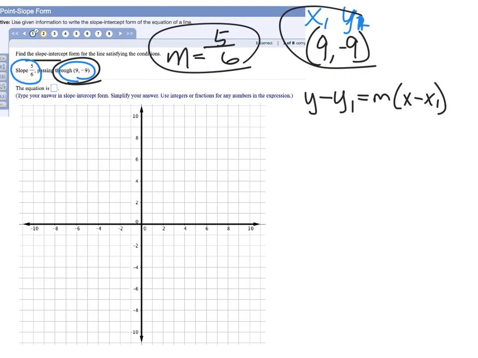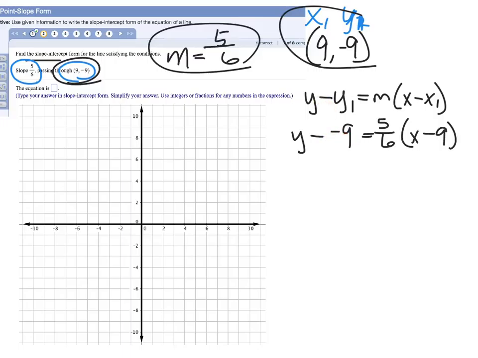I'm going to move over a little bit. So you end up with y minus negative 9 equals 5/6 times x minus 9. So the big thing is to be careful. y1 was a negative 9, so you have to do a minus negative 9.